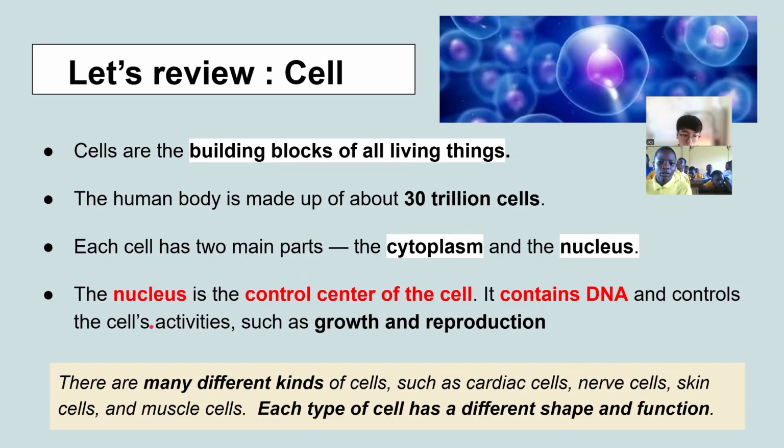It controls the cell's activity, such as growth and reproduction. There are many different kinds of cells, like cardiac cells, nerve cells, skin cells, and muscle cells, and each has a different shape and function.